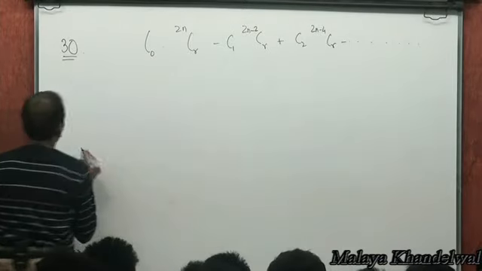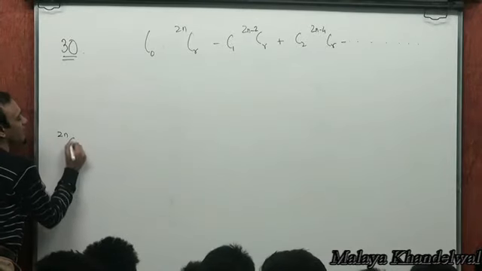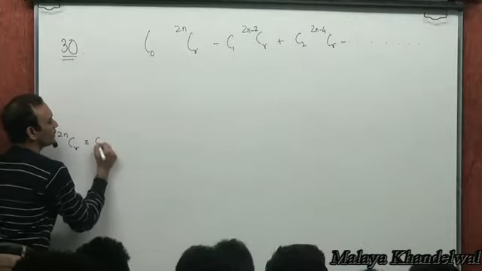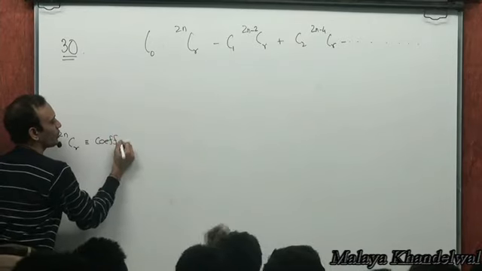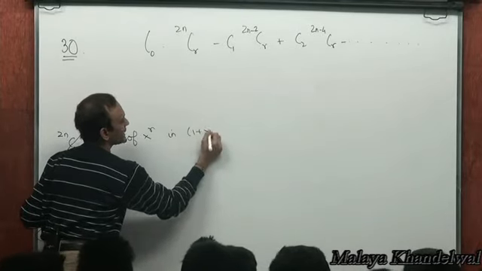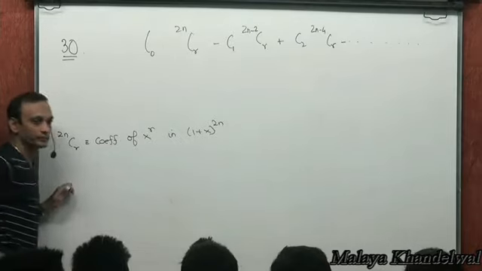Now, do you realize that 2nCr is actually the coefficient of x power r in 1 plus x to power 2n.